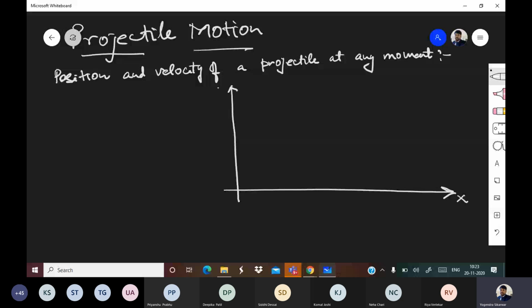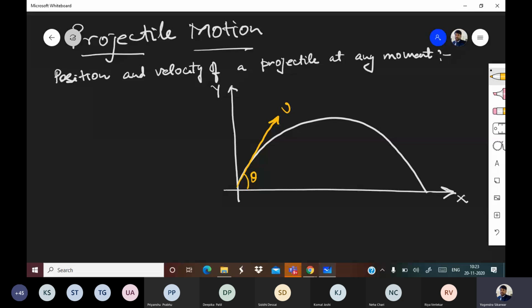This is x-axis, this is y-axis, and projectile is projected like this. This is velocity u, this is angle theta.